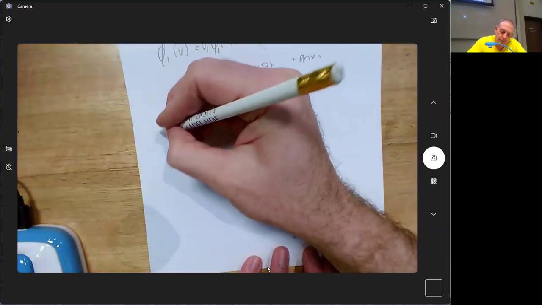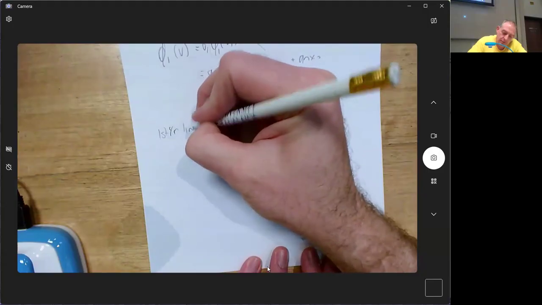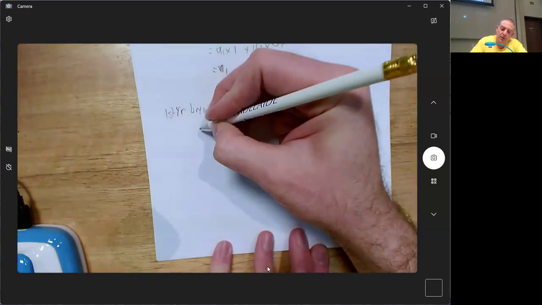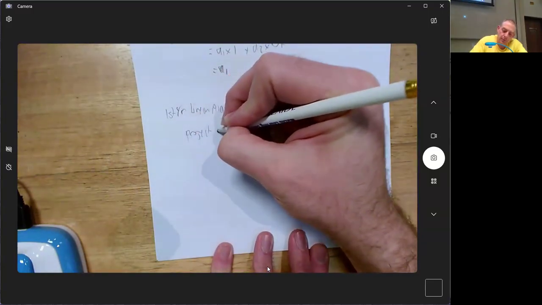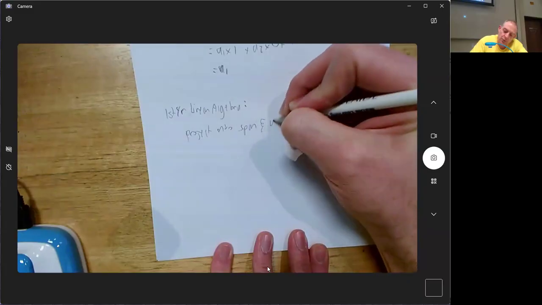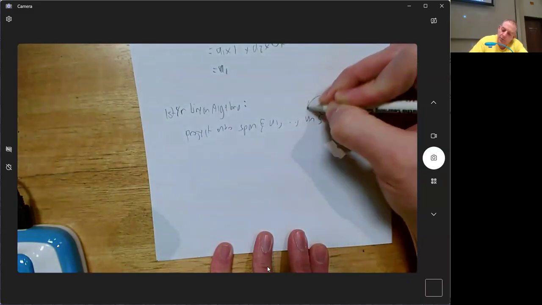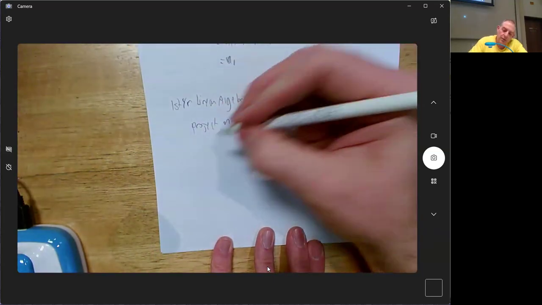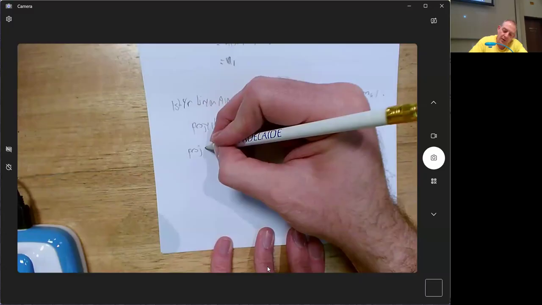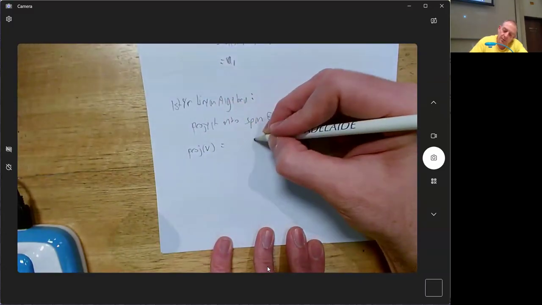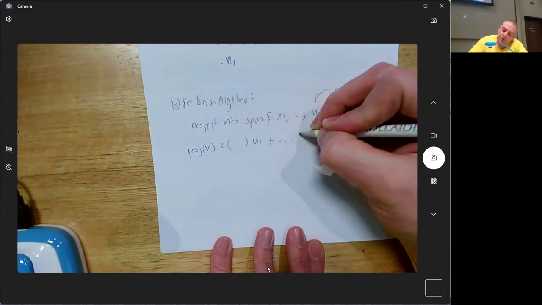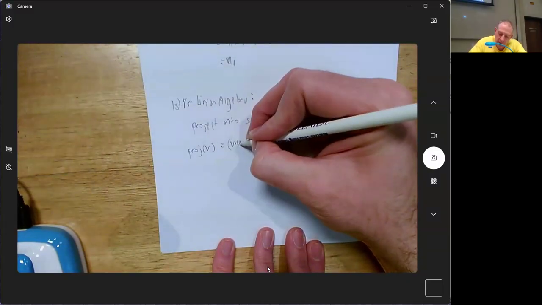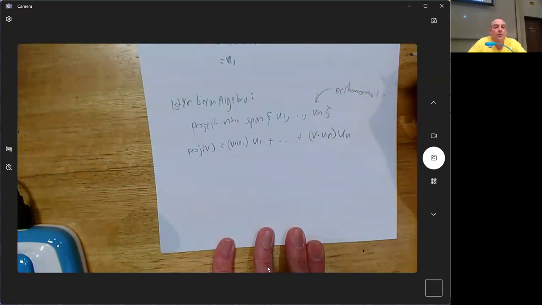So back in first year linear algebra, you wanted to project onto the span of U1 up to Un, where these were orthonormal. Then the projection of V would be some combination of all of these vectors, and the correct answer was V dot U1 all the way up to V dot Un.